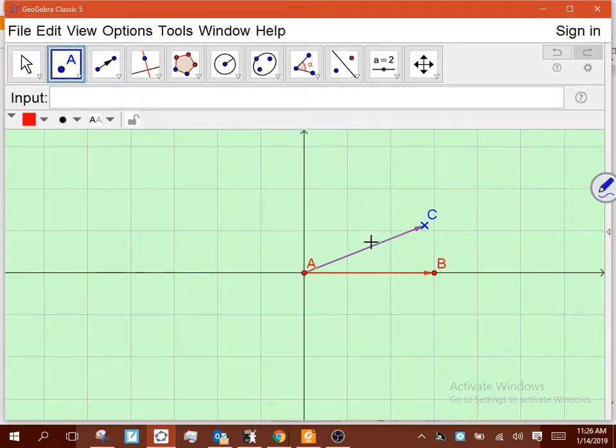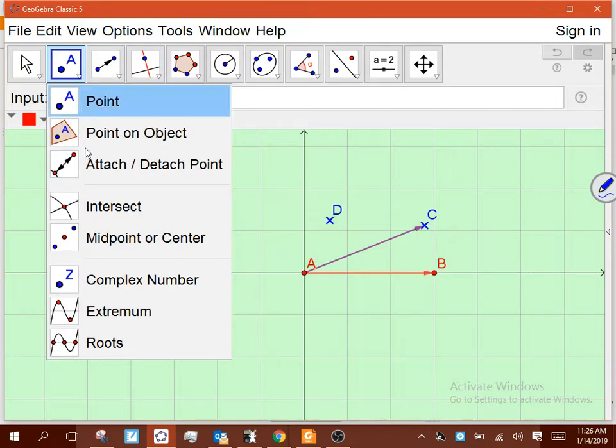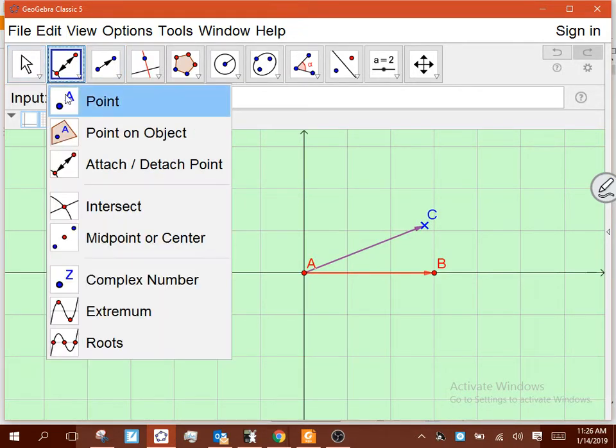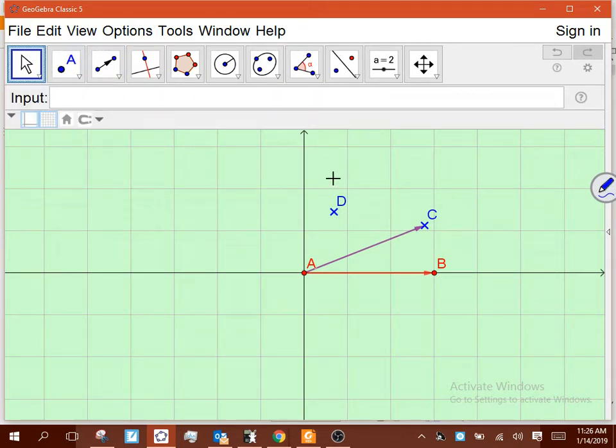Let's put another point on there. What in the world? I'm not sure what's going on there. I don't know why it's putting D on that vector. That doesn't exist.